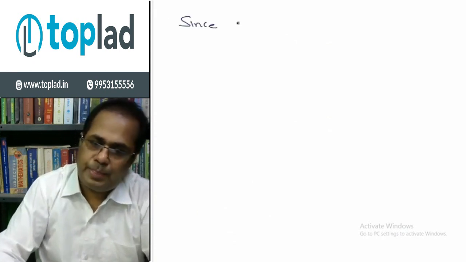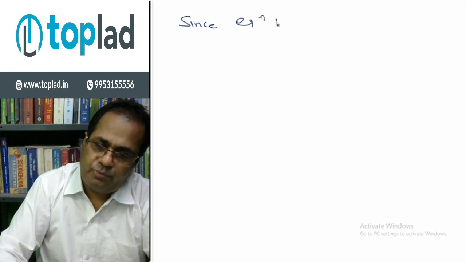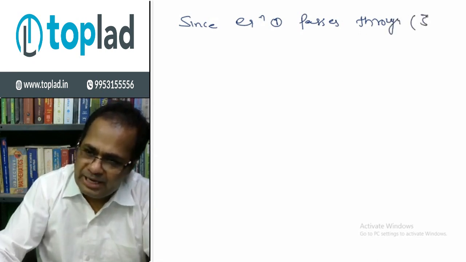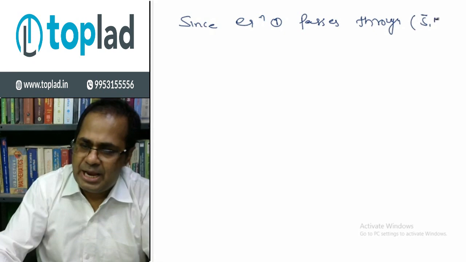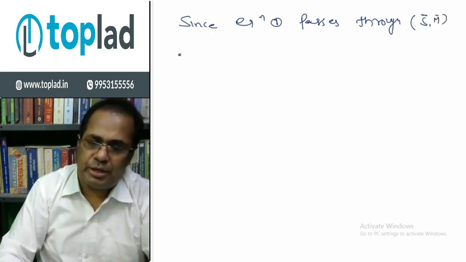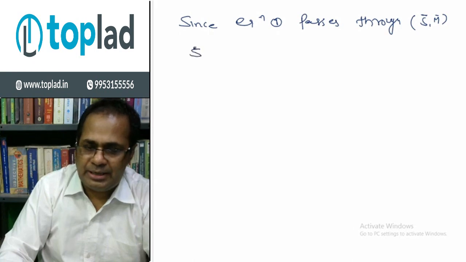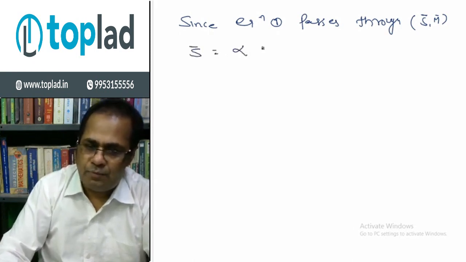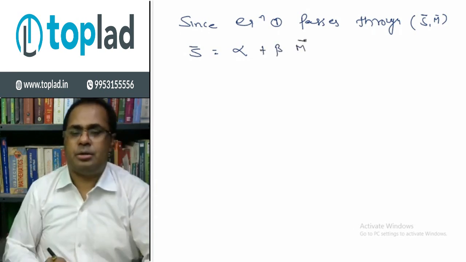Since equation first passes through the average return of security and the average return of market, average security return equals alpha plus beta into average market return.